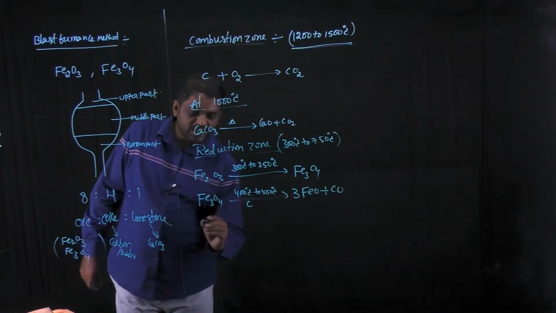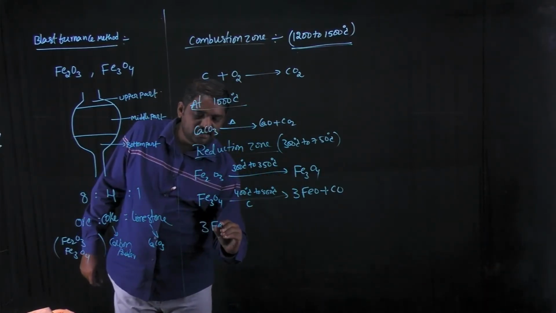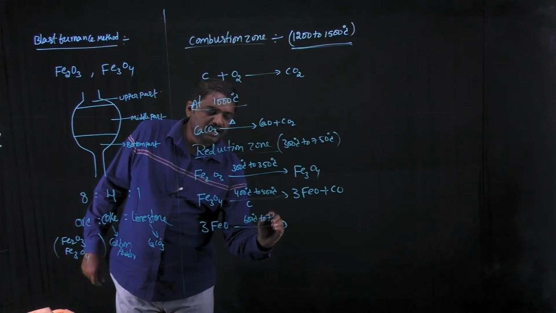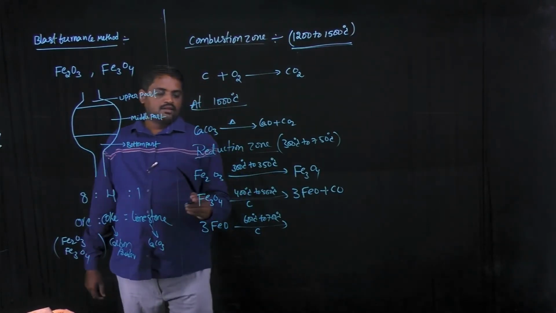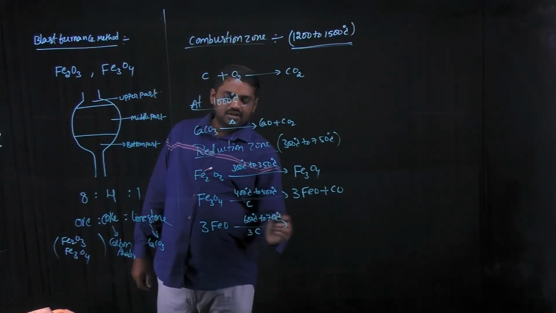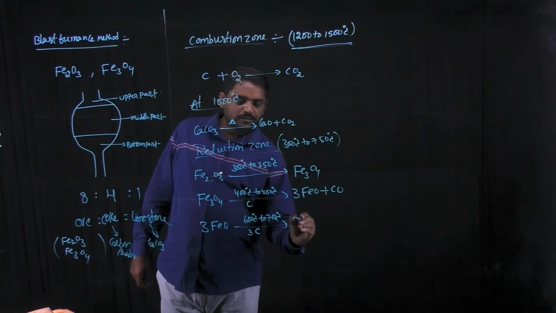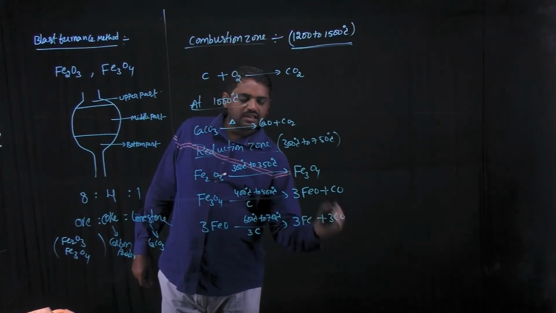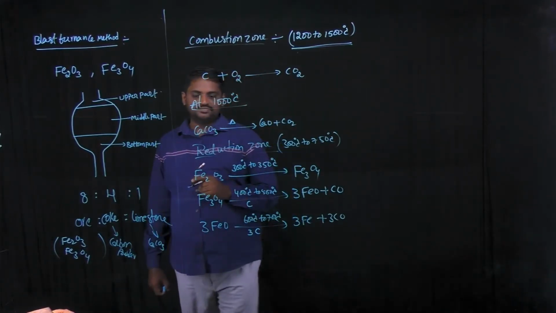Okay, this iron oxide is observed at 600 degrees centigrade to 700 degrees centigrade in the presence of carbon. In the presence of carbon, it is converted to pure iron and carbon monoxide gaseous molecules are liberated.